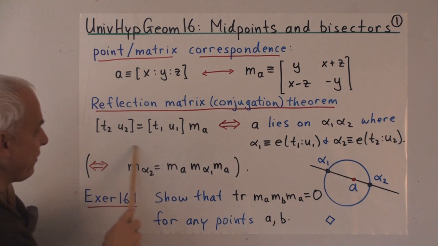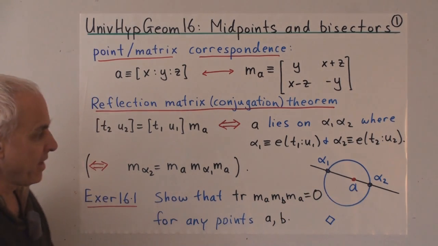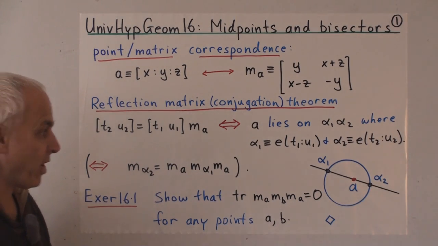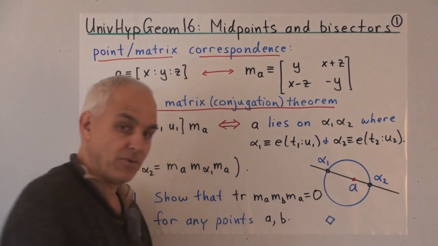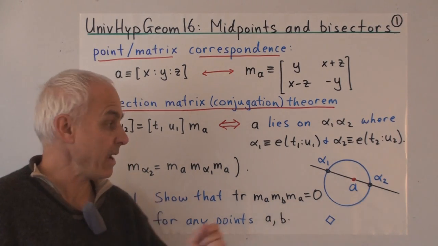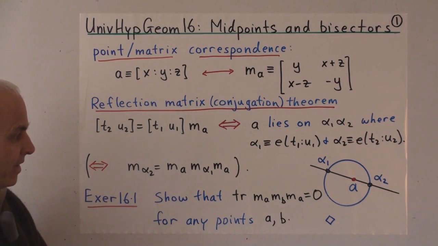The first one says that if we have these 2 null points, alpha 1 and alpha 2, given by projective coordinates t1:u1 and t2:u2, remember that's how we parameterize the null circle, by a projective ratio like this.